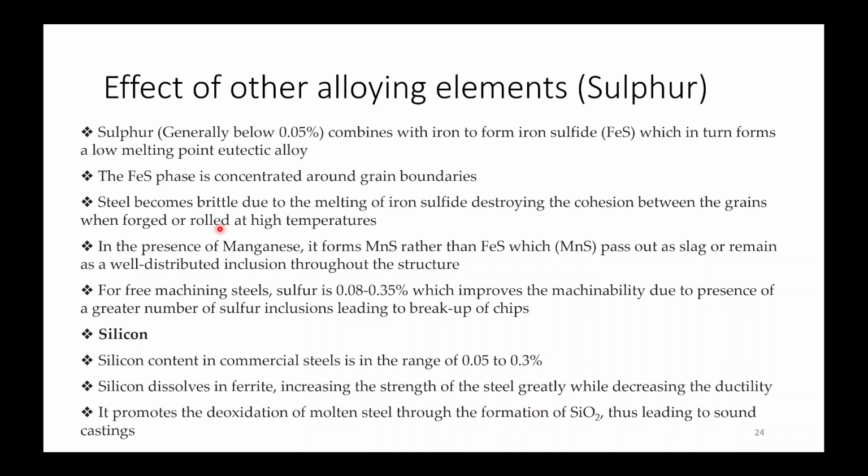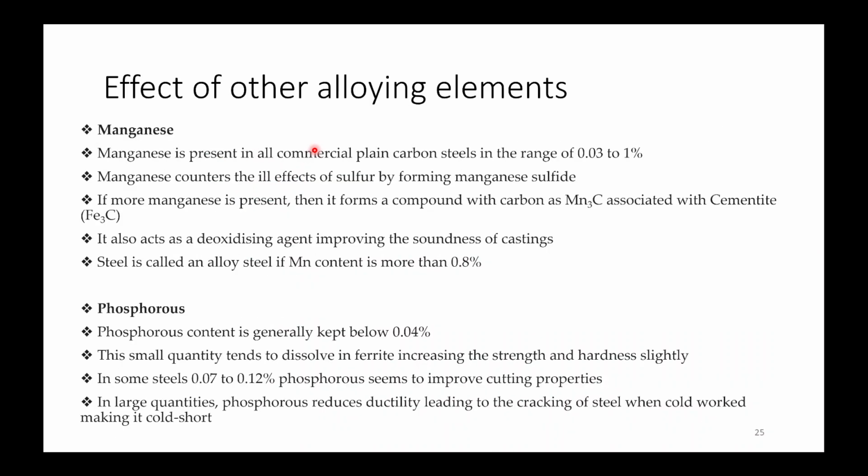That will be your hot shortness when a certain amount of sulfur is present. Cold shortness is when you are at lower temperatures. If there is a high amount of phosphorus present, your material will become brittle, so it will lead to cracking of steel.